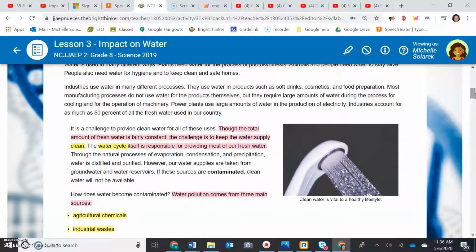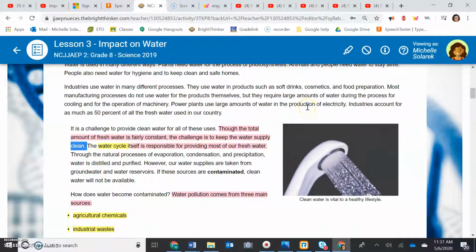And this says, though the total amount of fresh water is fairly consistent, the challenge is to keep the water supply what? The challenge is to keep the water supply, and the answer right there in blue is clean.